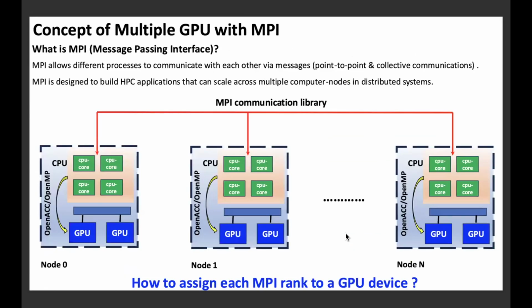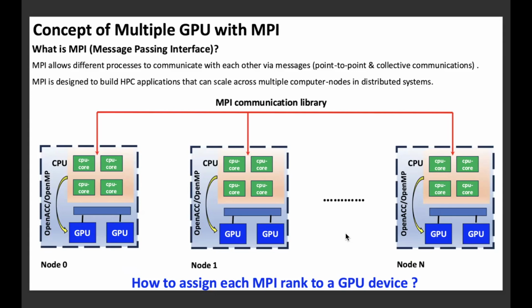So first, for those who are not familiar with MPI, what is MPI? I would say simply, you can think about it as a framework that has a collection of libraries and interfaces.